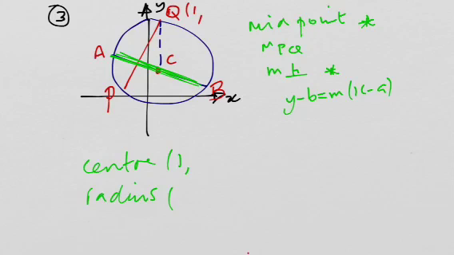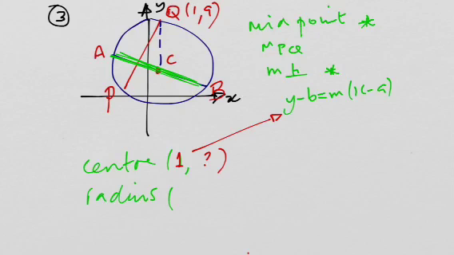And because Q has the point 1, 9, the centre must also have x coordinate 1. And if the x coordinate is 1, plugging it back into the equation that you just found is going to give you the y coordinate. So substituting x equals 1 back in gives you the y coordinate.